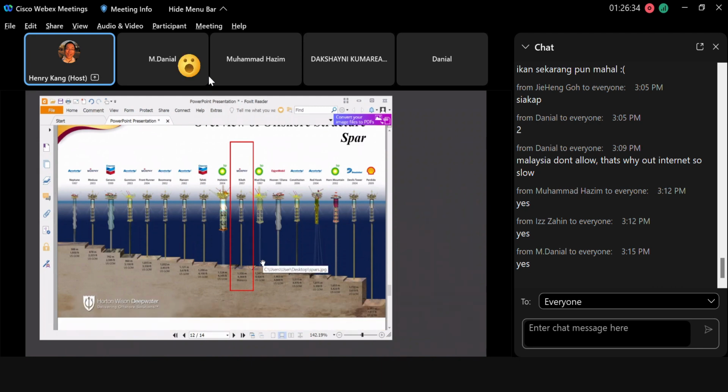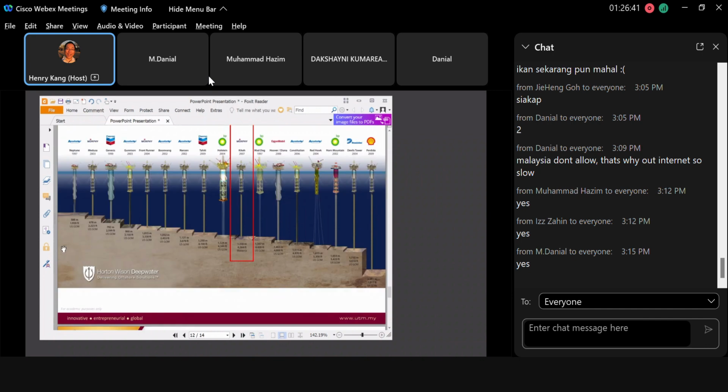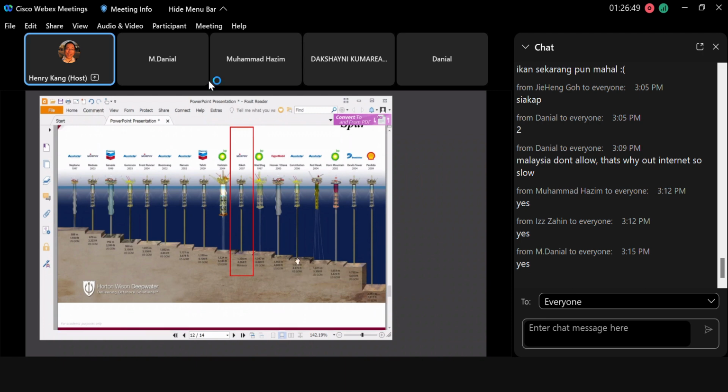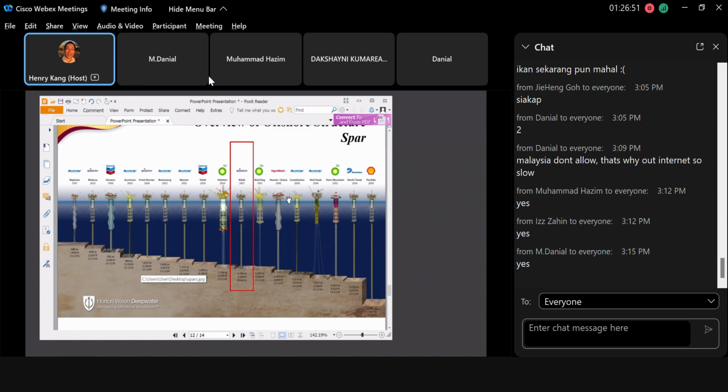Why do I ask this question? Because you can see here the spar locations. Most of the spars are in the Gulf of Mexico. This figure was, I think, more than 10 years ago, but up to now, the majority of the spars are still in the Gulf of Mexico.